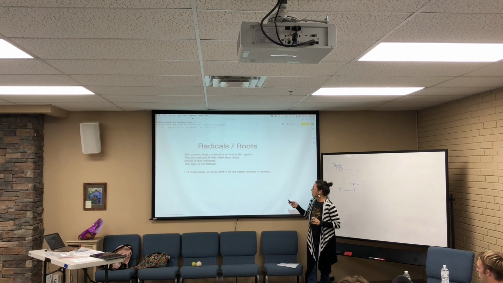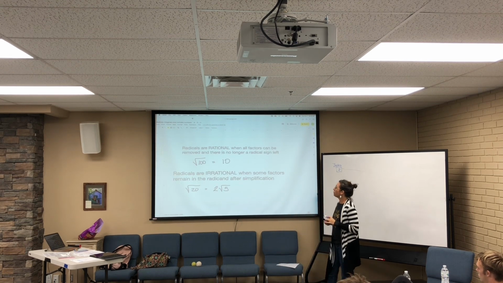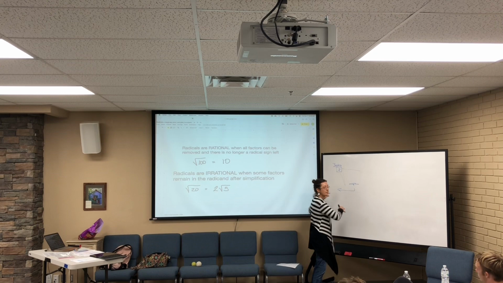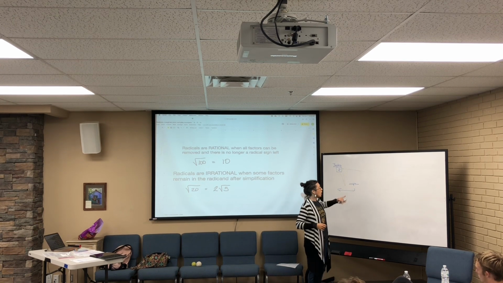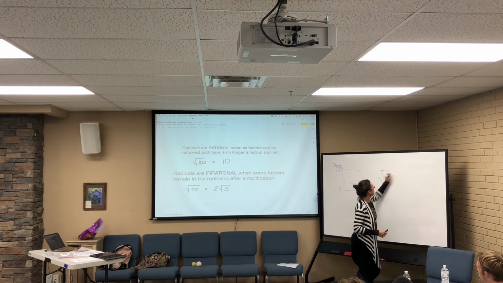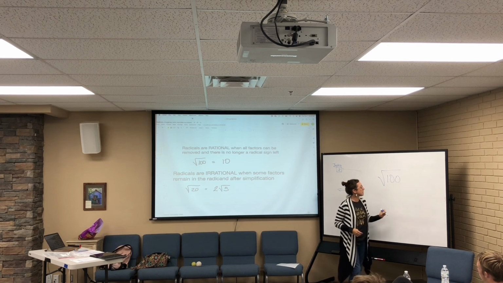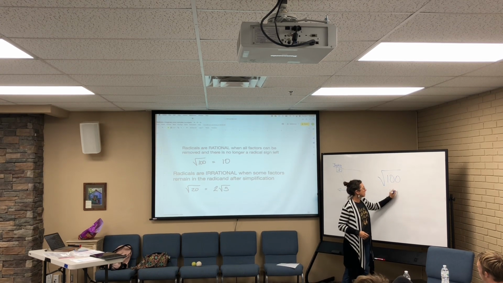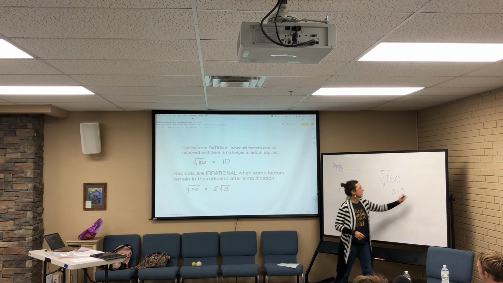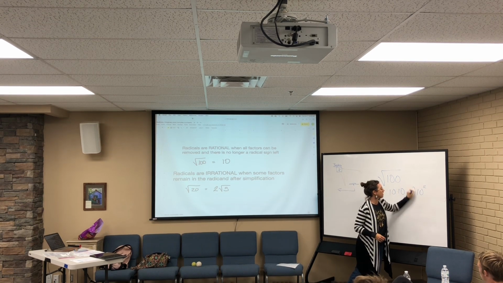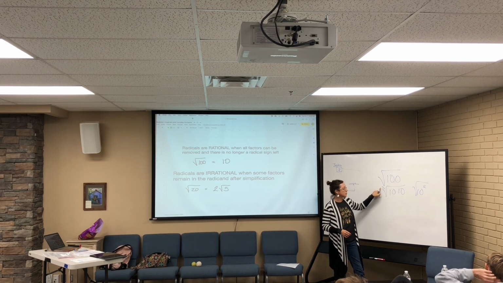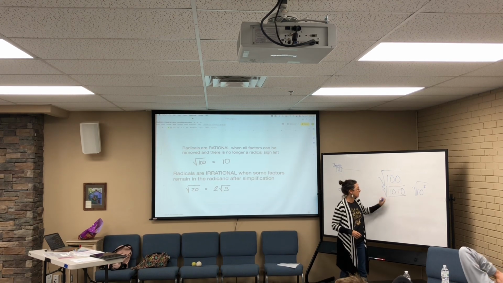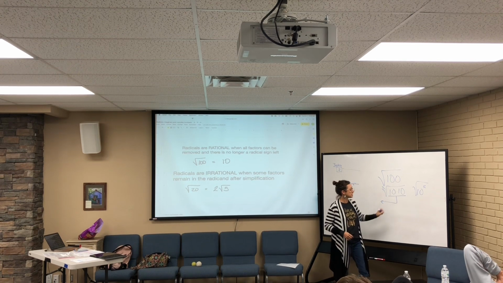Okay? So, as we move forward and start simplifying, you had a simplification homework sheet. So when we have the square root of 100, 100 is really 10 times 10. I could also write it as 10 squared. So we talked about how the index tells me how many I need for this to escape.